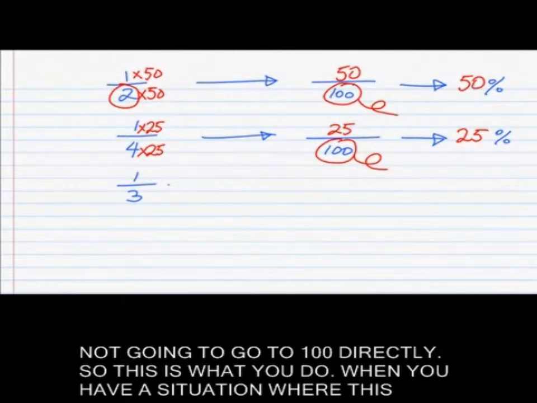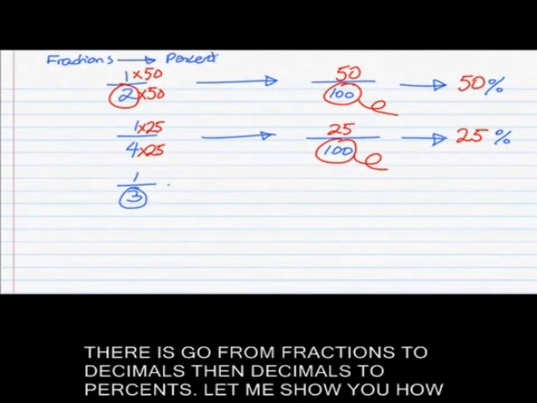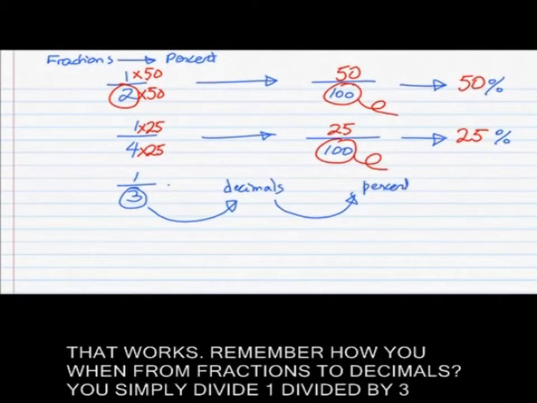When you have a situation where this number doesn't go into 100 and you want to go from fractions into percents, one way to get there is go from fractions to decimals, then decimals to percents. Let me show you how that works.